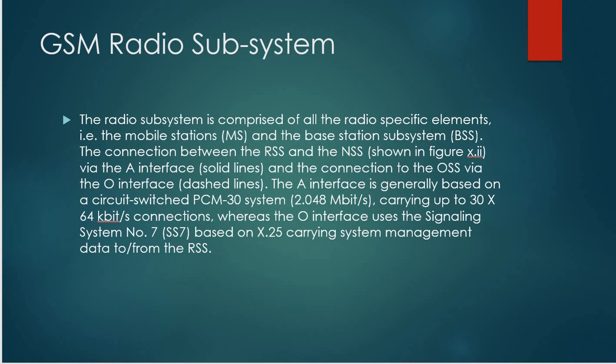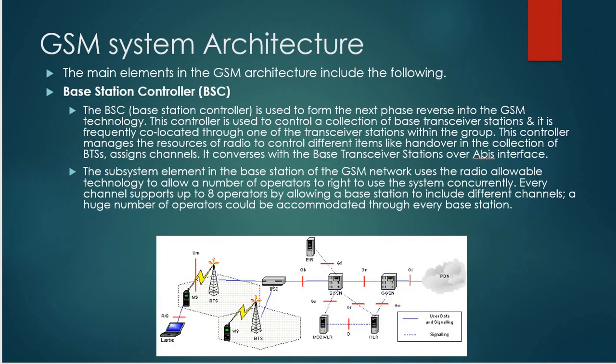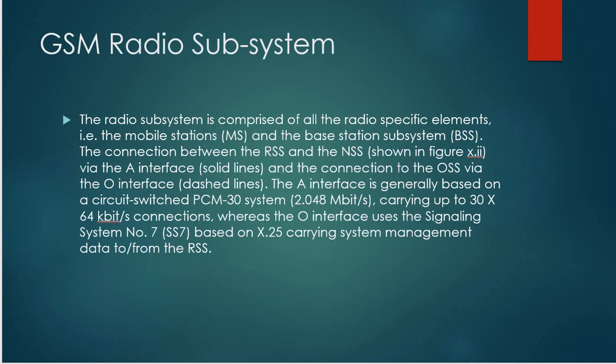The communication between the radio subsystem and the NSS is via the A interface, and the connection to the OSS is via the O interface, the operation interface, which we can see in this figure with the dotted line and solid line.